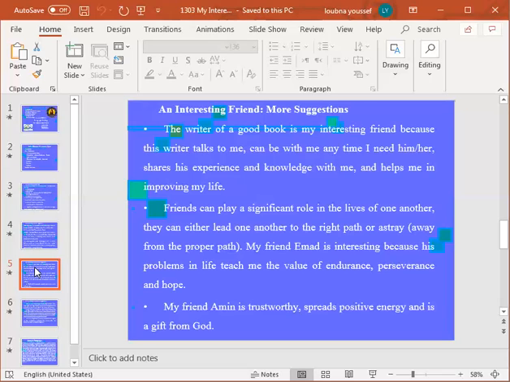So those who have a bad impact on me are not interesting friends. My friend Ahmed is interesting because his problems in life teach me the value of endurance, perseverance, and hope. So this is a very interesting topic sentence.